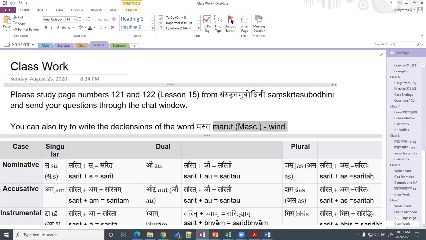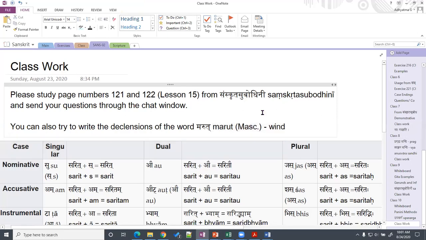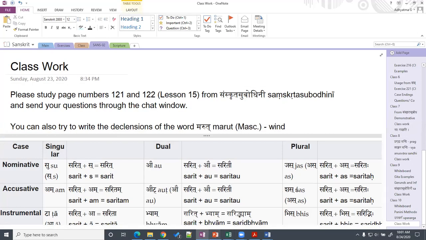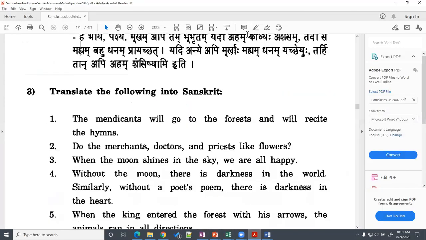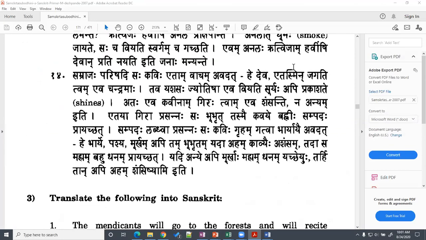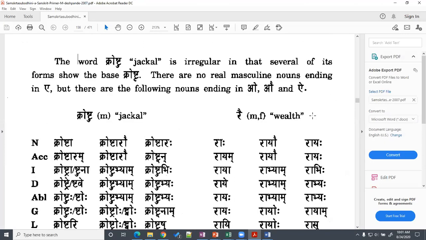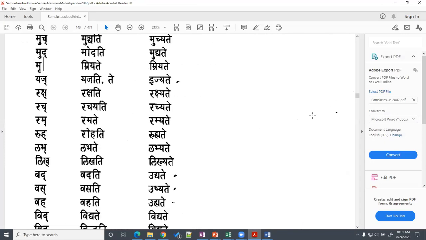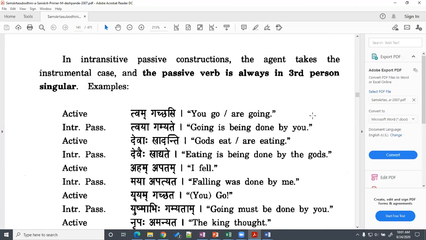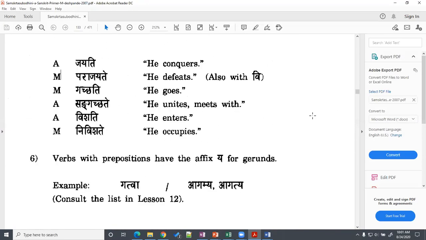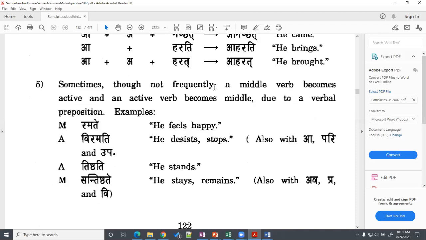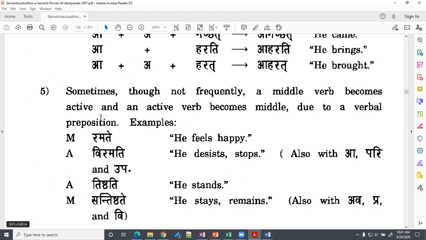There is a question, can you please explain number 5 on page 122? Okay, so let's go to page 122. So here, this is the point number 5.